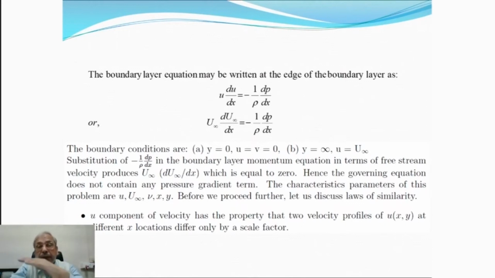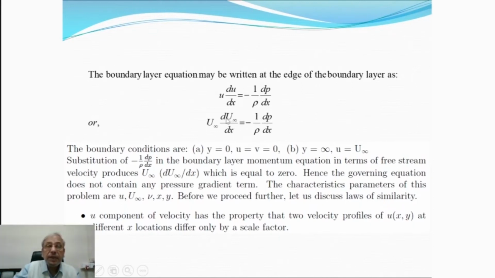Now if we rewrite the boundary layer equation at the edge of the boundary layer, we can write u ∂u/∂x equal to minus 1/ρ ∂p/∂x. Then at the edge of the boundary layer, if we substitute the velocity in the x direction as u∞, u∞ du∞/dx equal to minus 1/ρ dp/dx.